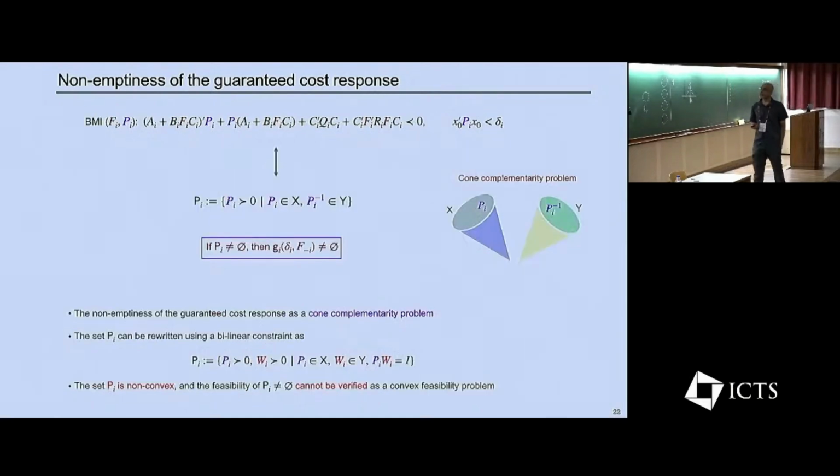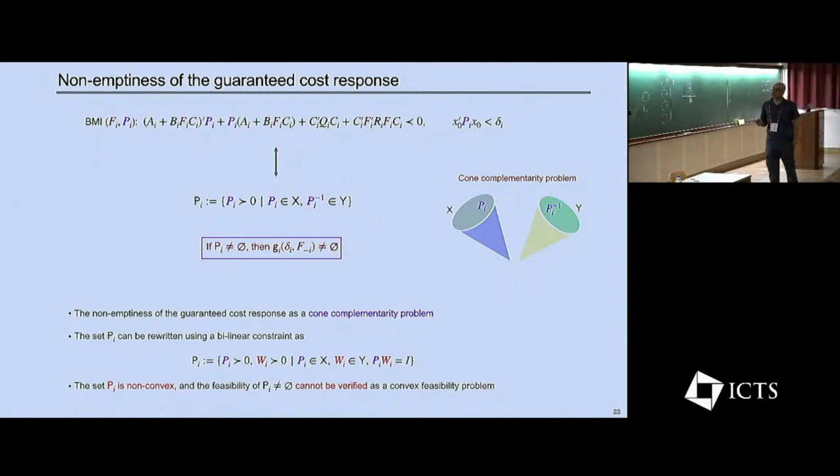So we have a characterization as a cone complementarity problem: the guaranteed cost response is non-empty if I can find a positive definite matrix Pi that belongs to a subset of a convex cone, and its inverse must belong to another subset of a convex cone. That is basically the classical cone complementarity problem.